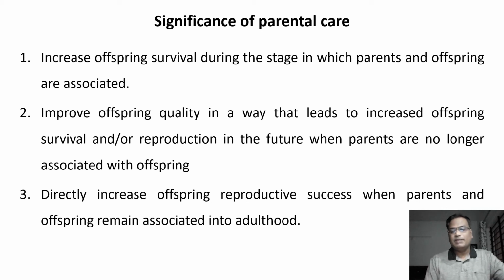Because just imagine one couple, in case of any animal, one male and female, they have produced one offspring. If they don't take care of their young one, if they don't invest in the parental care, and if the offspring doesn't survive, what happens?